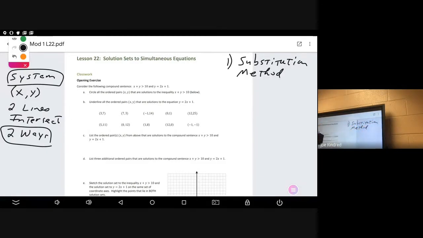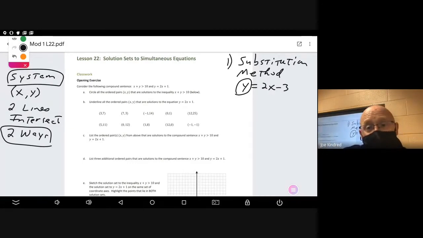And we usually use this method whenever, for instance, we have y is equal to, say, 2x minus 3. Whenever y is equal to something, y is by itself, we typically will use the substitution method, as it allows us to immediately substitute and get one equation for one variable, that being x.